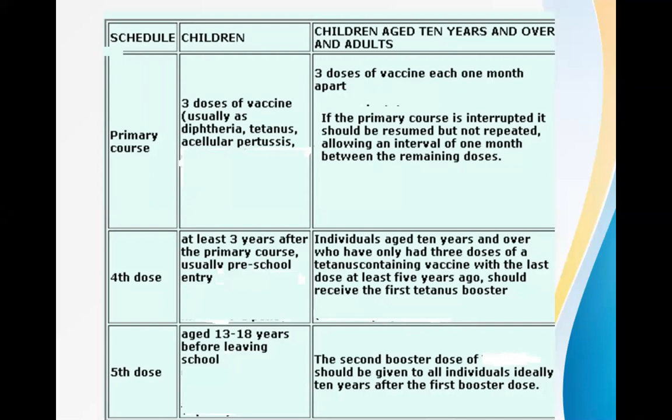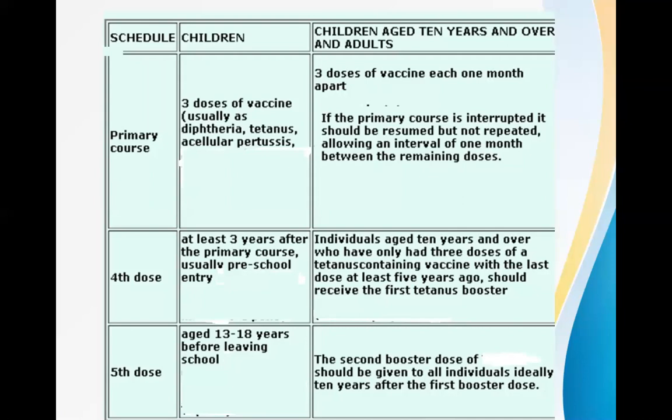So let me summarize this. A little bit confusing for the student, I know that. In anybody's life, throughout the lifetime, if we have taken 5 doses of tetanus toxoid, we are safe. We are quite safe. Probably we don't need to worry about anything. But many of us don't take tetanus toxoid just like that, isn't it?